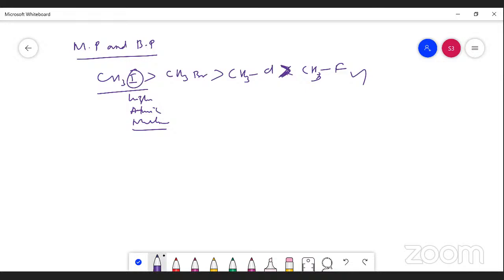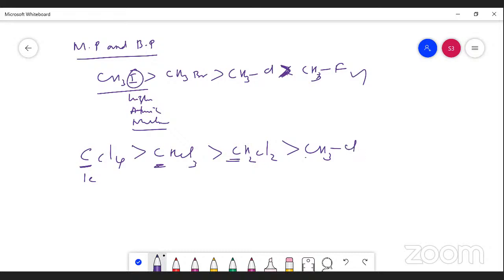Next point to understand here: the boiling point is highest in the case of carbon tetrachloride, same one carbon, then chloroform, same one carbon, then methylene chloride, same one carbon, then methyl chloride, one carbon.